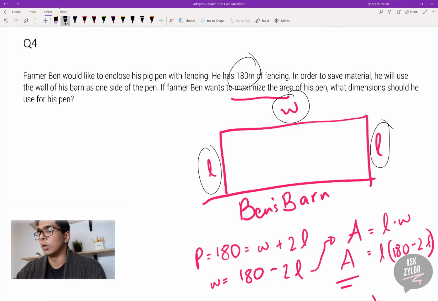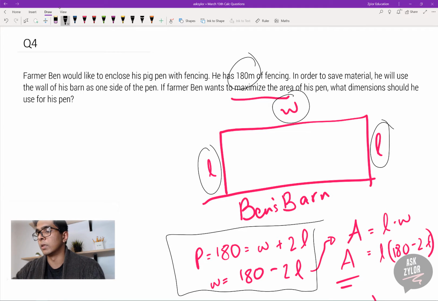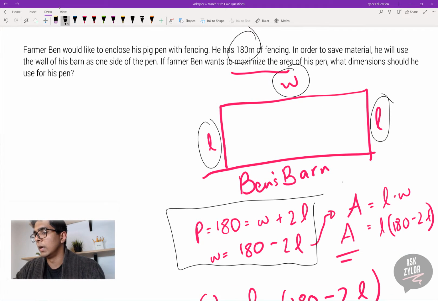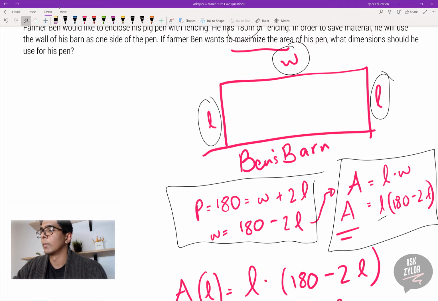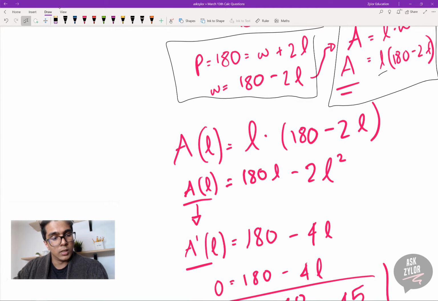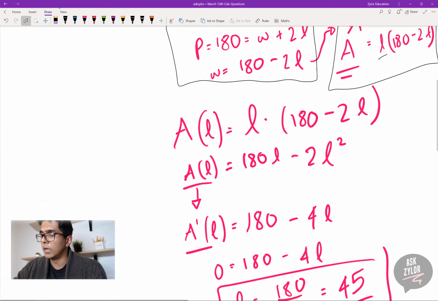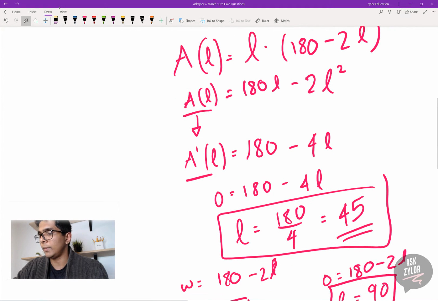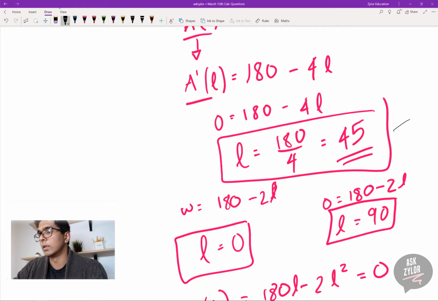Then I came up with an equation for perimeter isolated for my width, and then I came up with an equation for my area in terms of one variable, which was length. And then I went through and found the derivative of my area function, and then I came up with the length. Do you guys have any questions about this?